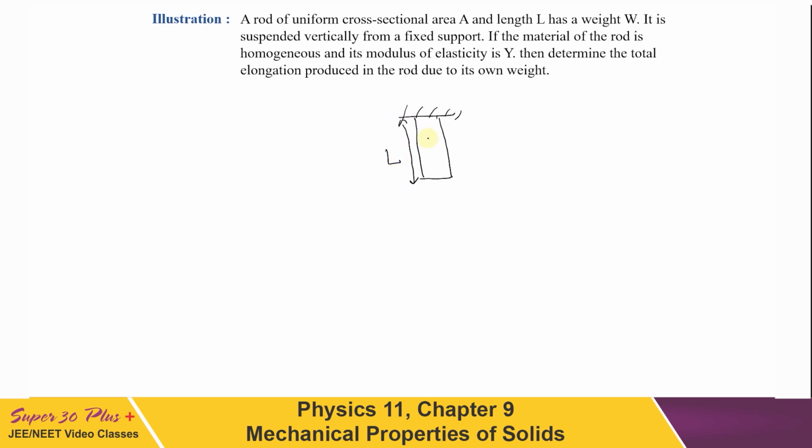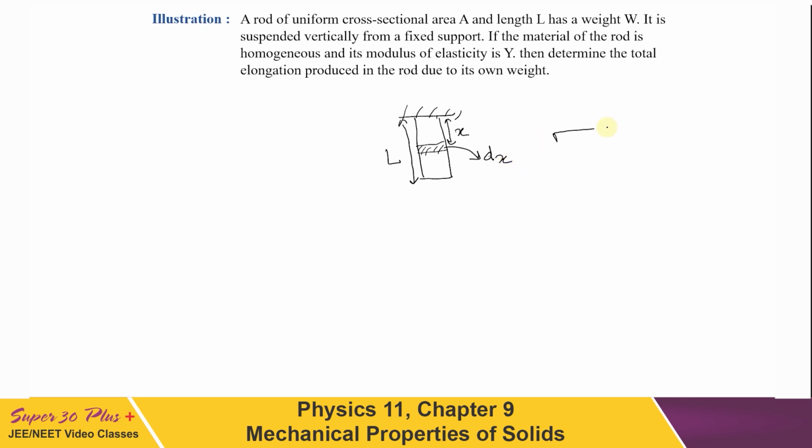Now here the force cannot be the same for the entire length of the rod because it has some mass. So of course we have to consider a small cross section where we can consider the force to be uniform. So let us consider a small cross section of this rod which is at a distance x from here, and this element itself has a thickness equal to dx.